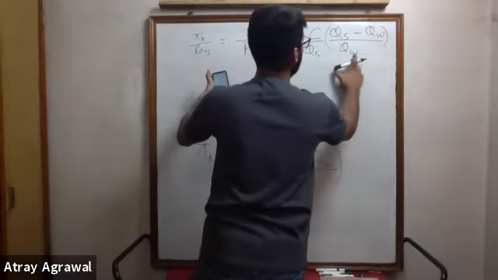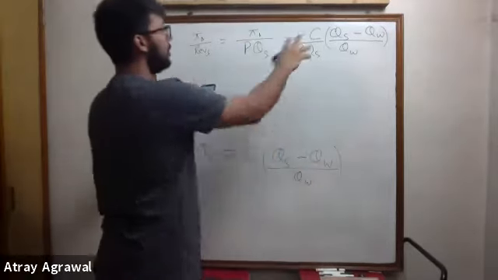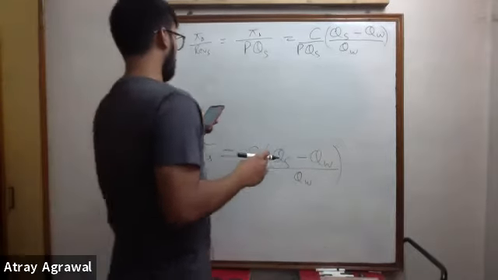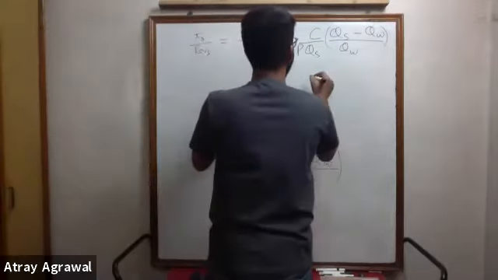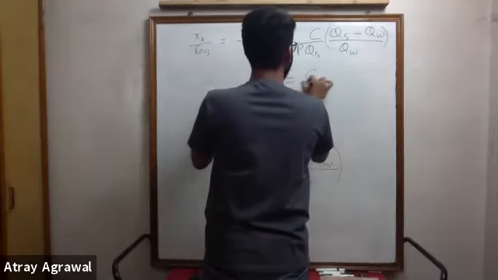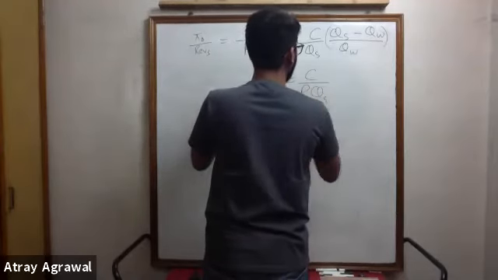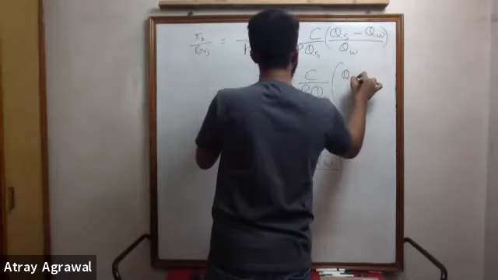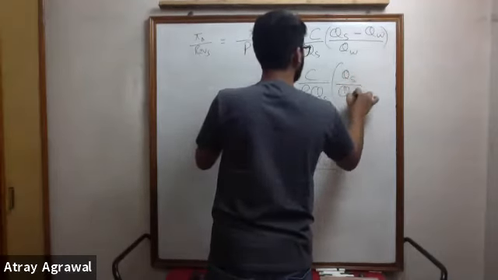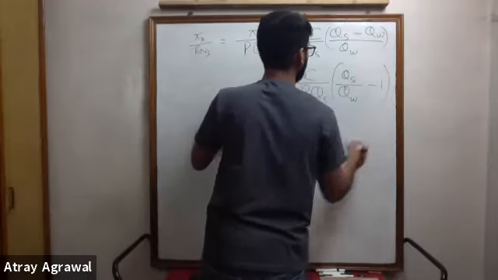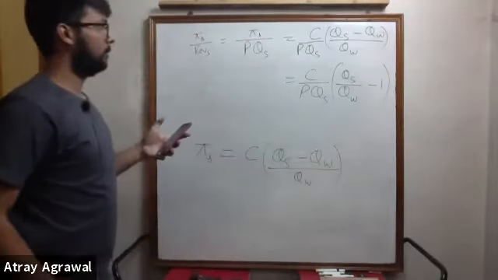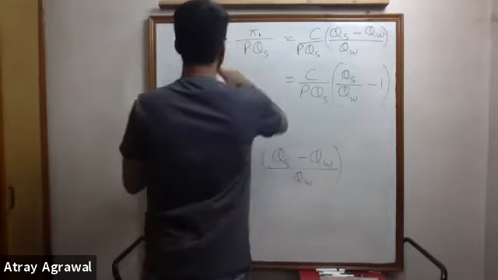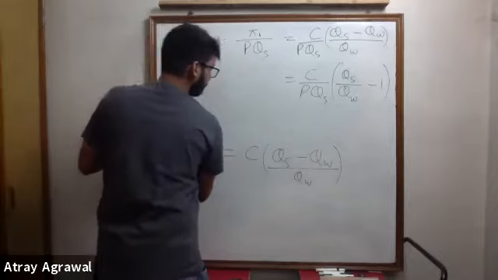So this is just how they've left it in the book. So essentially it becomes C upon PQS, QS upon QW minus 1.